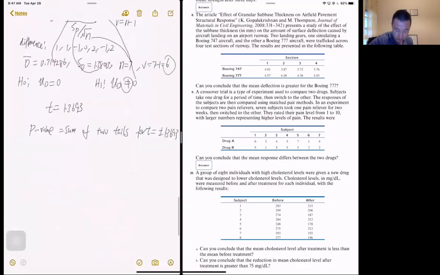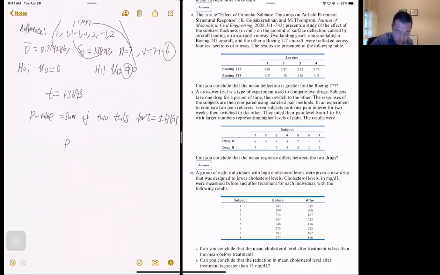So the p-value will be between 0.25 and 0.1 times 2. Okay, so the p is between 0.2 and 0.5. So a very large p-value. So the p-value will be larger than alpha of 0.05, so we cannot conclude.